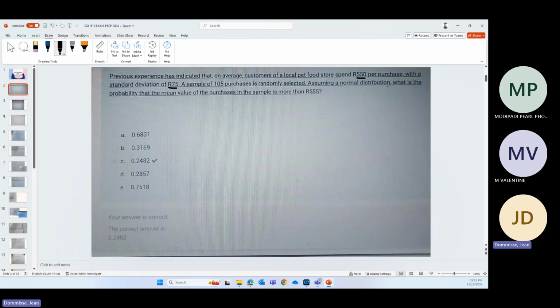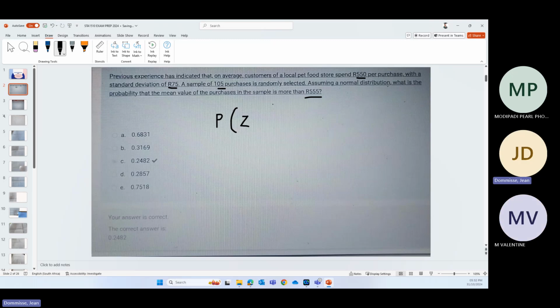We talk here about the sample, and assuming a normal distribution, what is the probability that the mean value of the purchases in the sample is more than 555? Okay, so let's start off by writing the formula down.